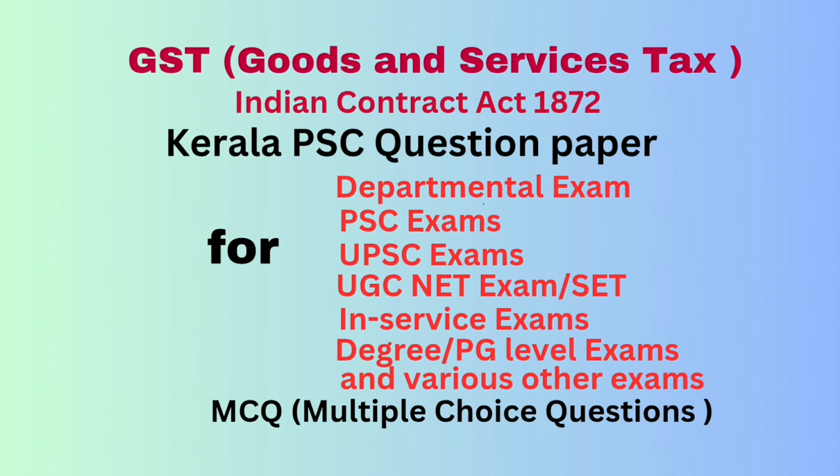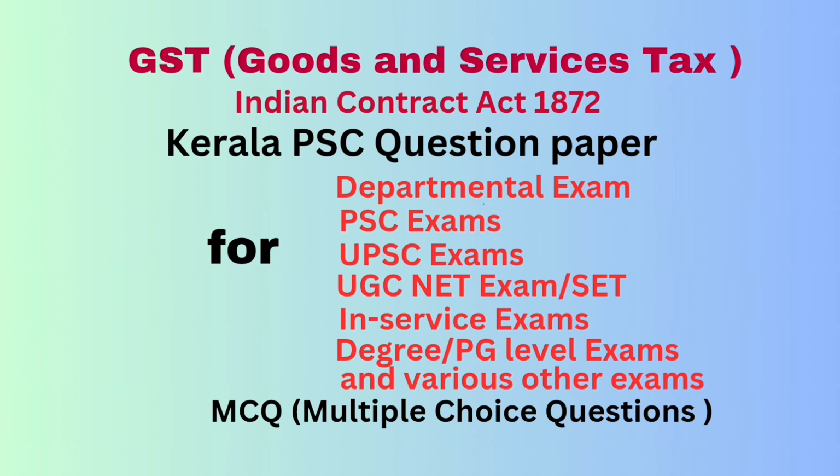Question number 84. The person for whom the agent acts is called the principal. Question number 85. Agreement is void if meaning is not certain. Question number 86. A, B and C jointly promise to pay D 3000 rupees. D may compel dash to pay him 3000 rupees.